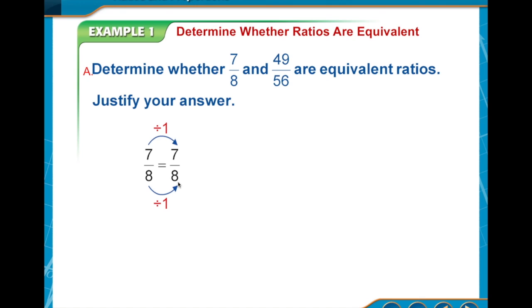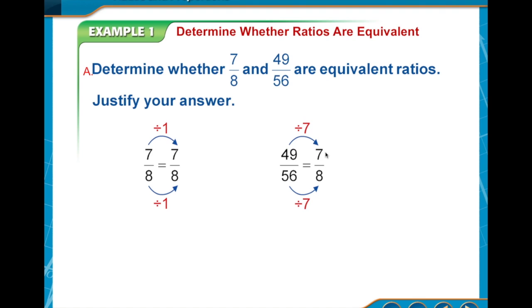Now we want to move over to the second ratio we're given and simplify it as best we can. So if we have 49 over 56, and we divide it by the greatest factor they have in common. So if we divide 49 by 7, we know 49 divided by 7 is 7.